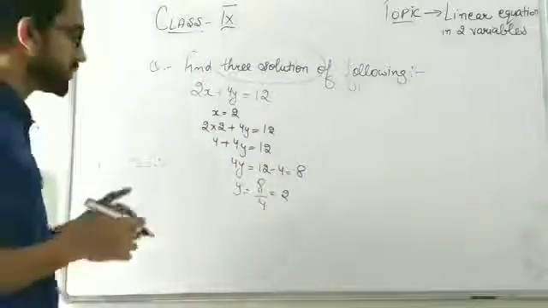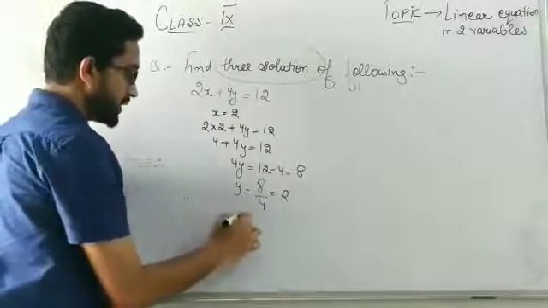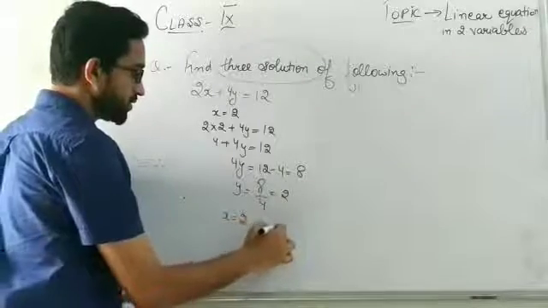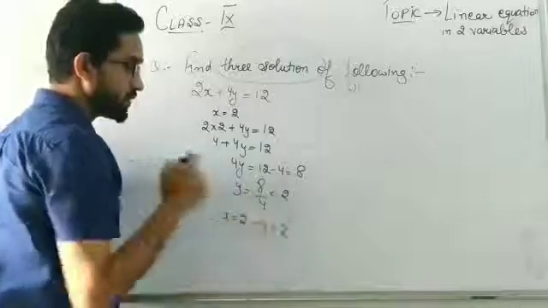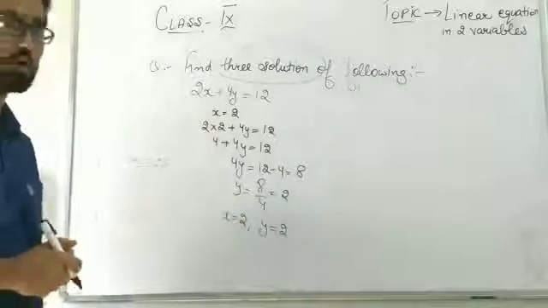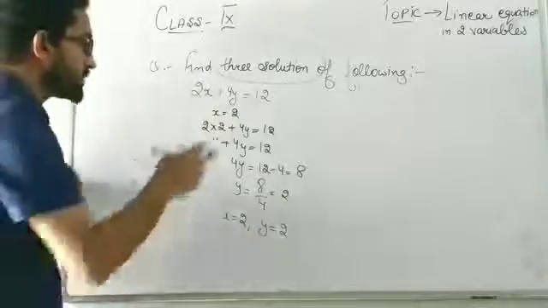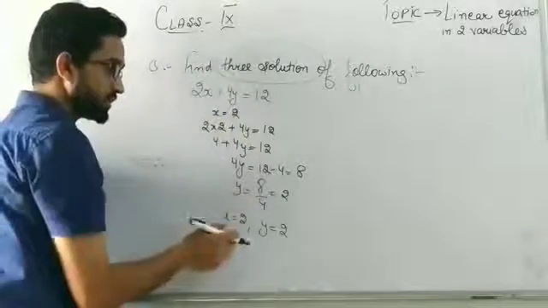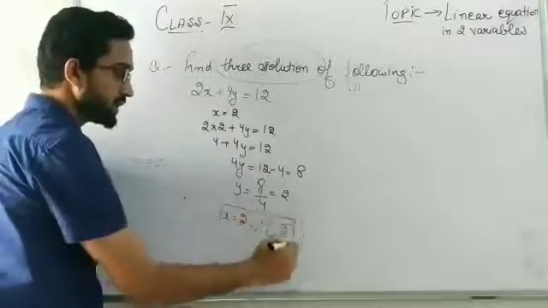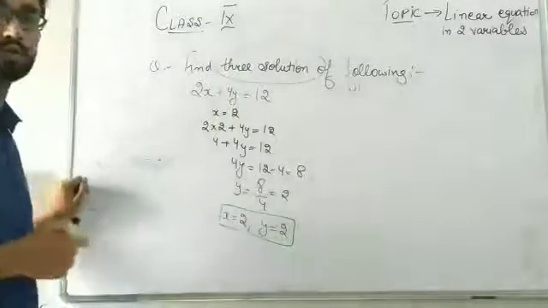Now what does this mean? It means that when we take x is equal to 2, y is equal to 2, and it will give us this 12. So let's see how that works. These two values are satisfying our equation.